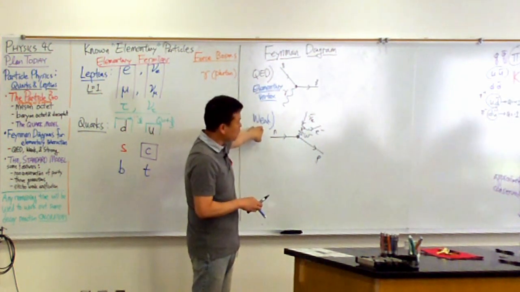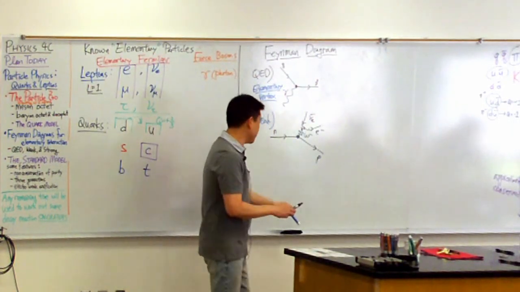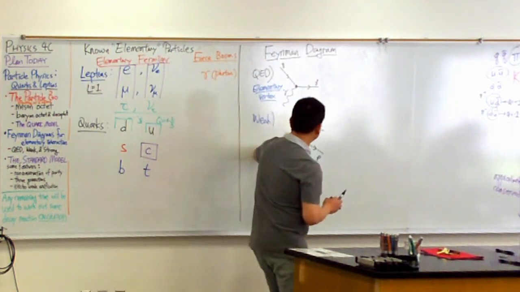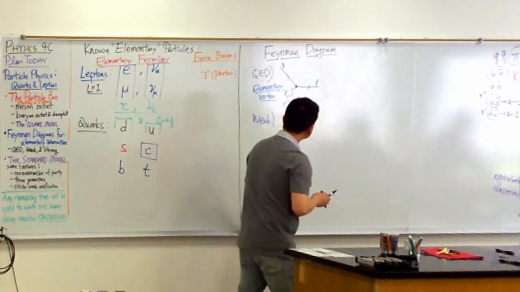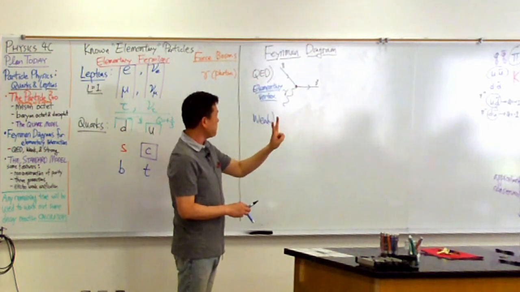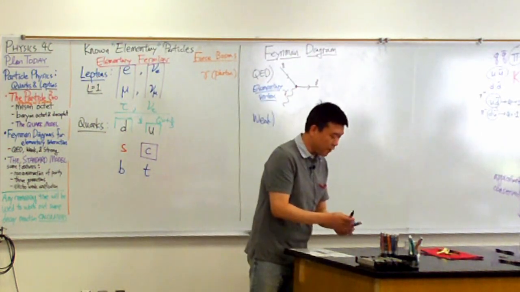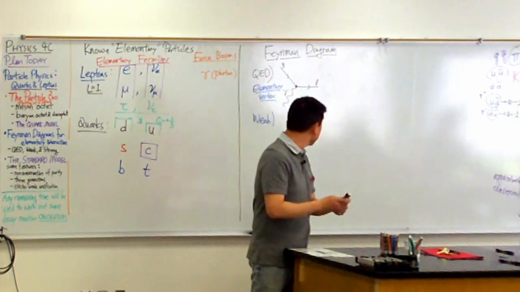Yeah. So let me give you the elementary vertexes for the weak interaction. And in the process, I'm going to really need to introduce three more particles. Actually, two more, because two of them are antiparticles of each other. So let me draw the two elementary vertexes. There's technically three, but once again, one of them is the antiparticle version of the other.